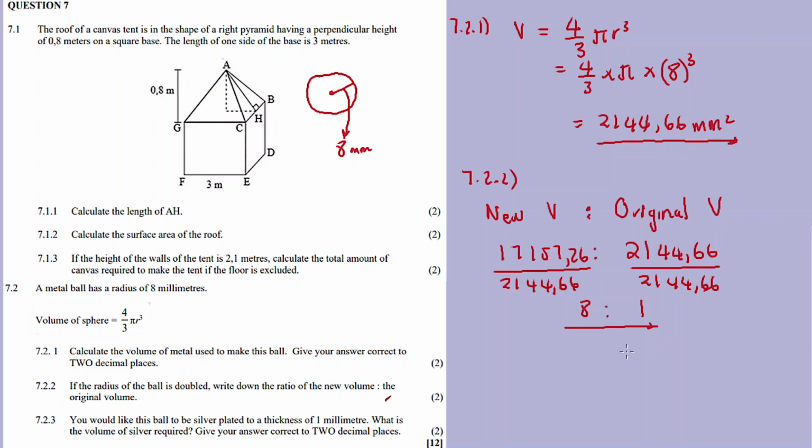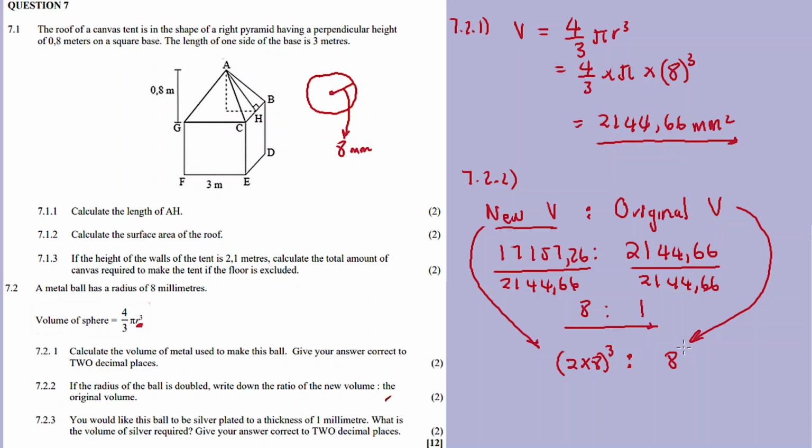the new volume to the original volume. The radius of the original is 8. For the new one, the radius is doubled, so it's 2 times 8 raised to exponent 3. I'm just comparing the radii for the new volume and the original volume.